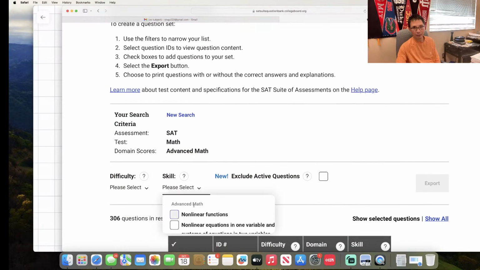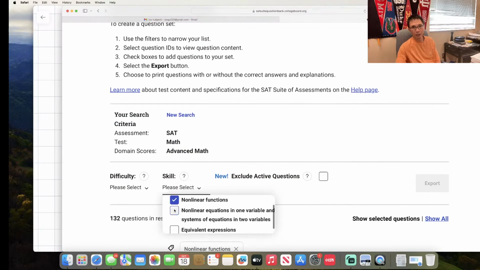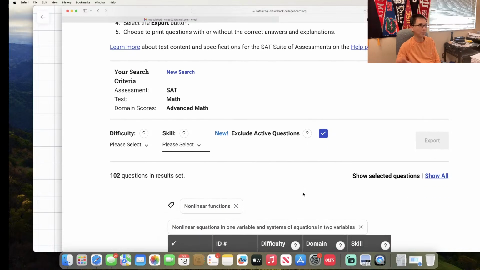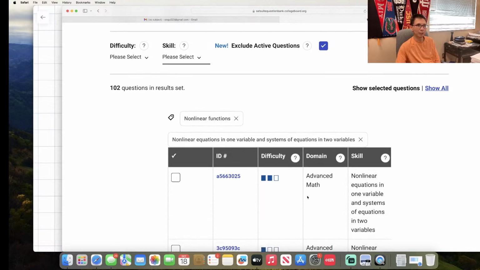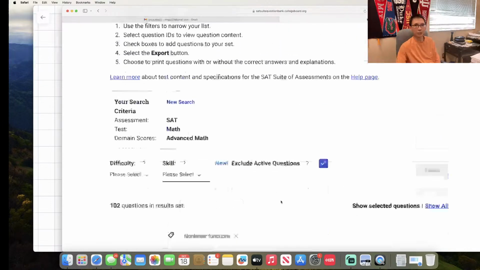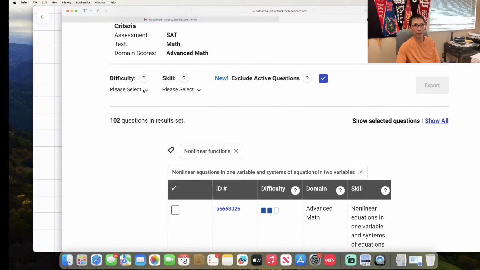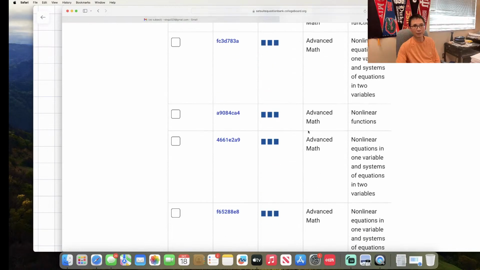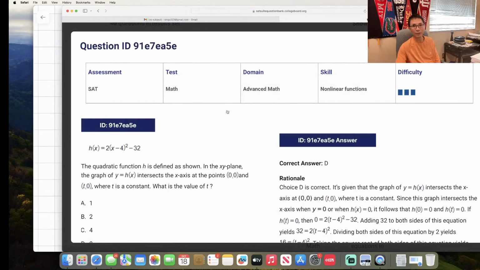And I will choose the exclusive active questions, because this is not part of Blue Book. That way, when you're training, you actually understand what is going on. I'm going to pick hard ones, so that becomes very selective, only 40 questions. This is the first one, which is somewhat easy.